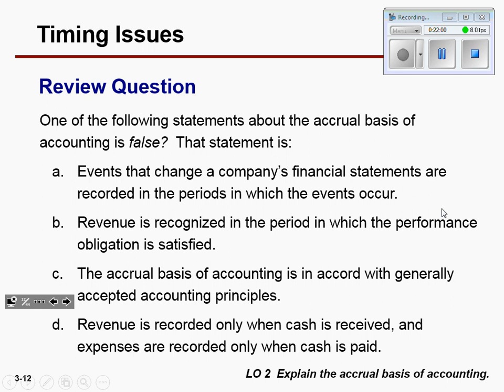A lot of vocab terms there, isn't there? It's D. What's false about D? It's not following accrual-based and the revenue and expense recognition principles, right?